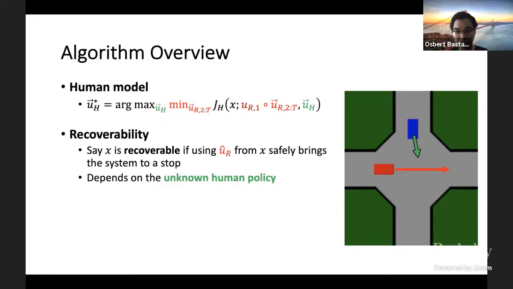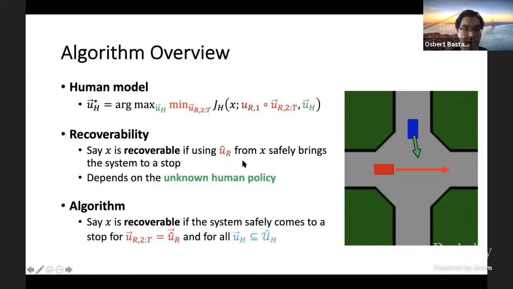And what we're going to do is leverage our assumptions about the human behavior to establish basically a proxy for recoverability. And this proxy is basically going to say that a state X is recoverable if the system can safely come to a stop if the robot takes its backup action for all possible human backup actions. So regardless of what the human does in this bounded action set U hat H, the system will safely come to a stop.